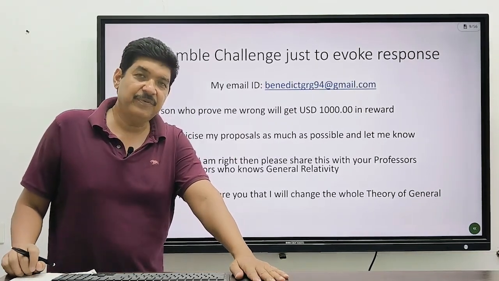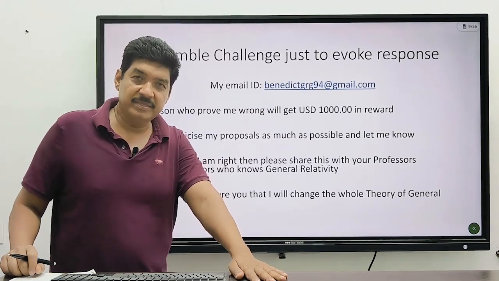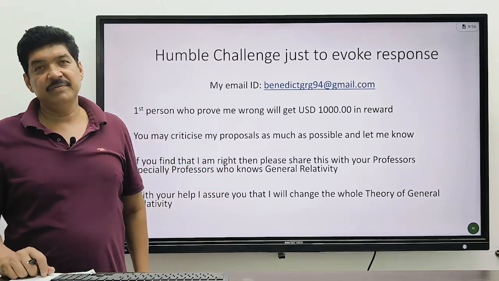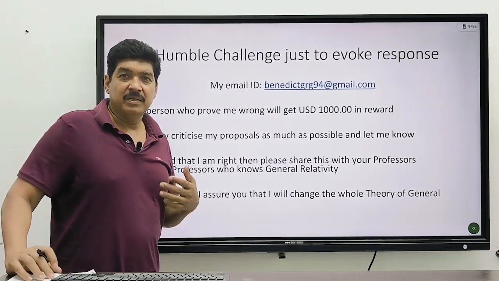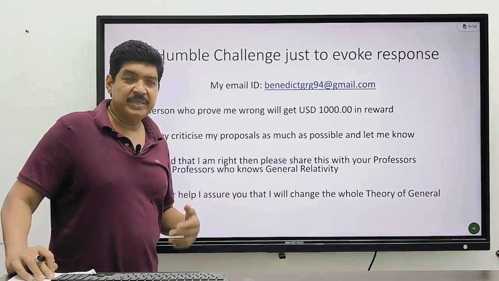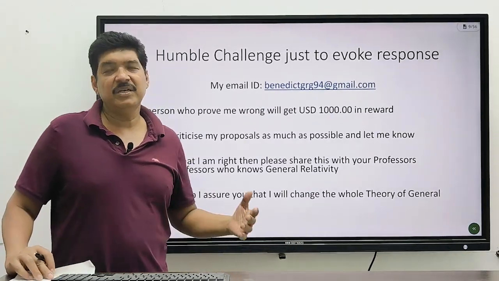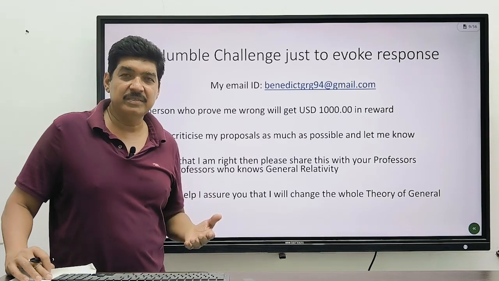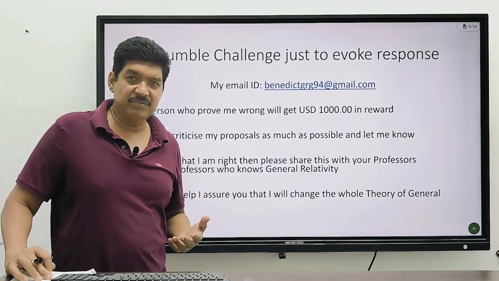And friends, if you find that my theory is right, then kindly share and give your suggestions also. You can send some critical notes also to me, and if you find it to be correct, then kindly share it with your professors, your teachers who are experts in general relativity, Lorentz transformations.